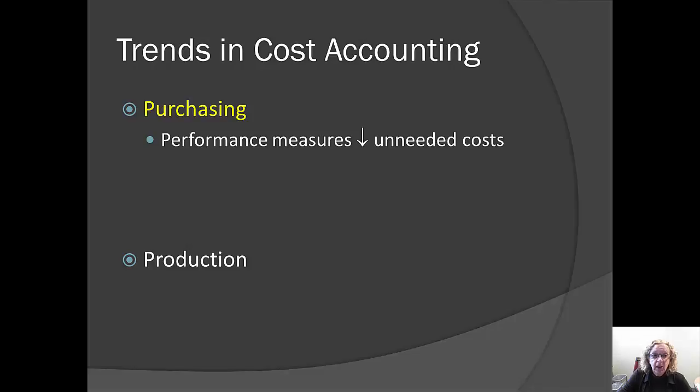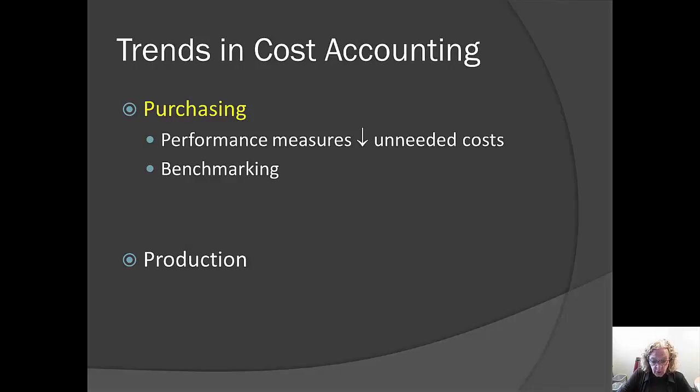For example, if we acquire direct materials for our manufacturing process and those materials turn out to be defective or they don't meet our specifications, then we're going to incur a lot of costs in a way that is not going to enhance the customer's experience with our product.